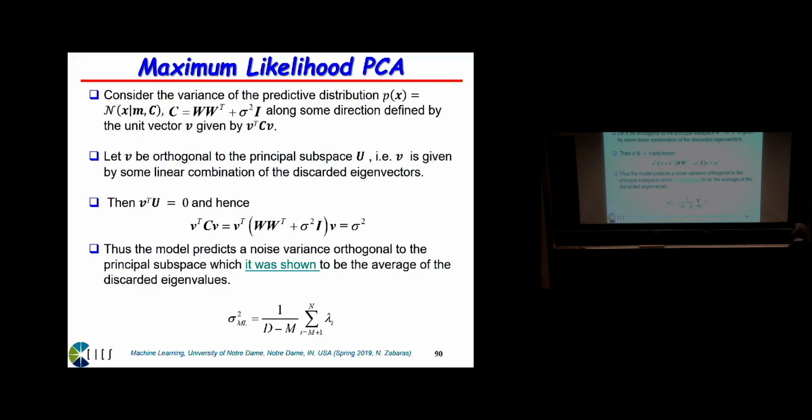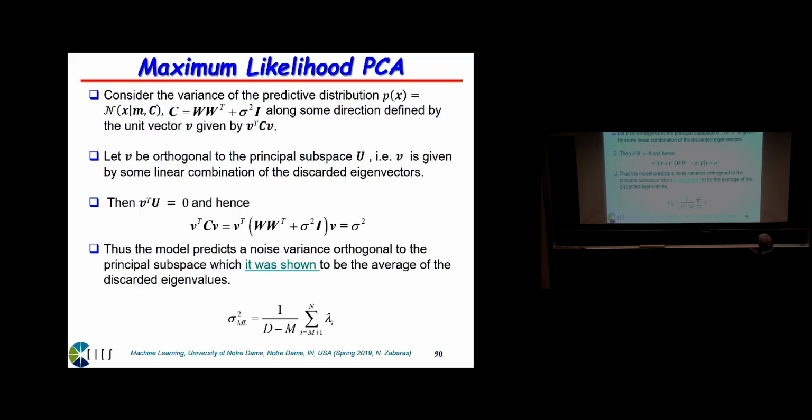What I want to do is compute the variance in directions that are in the principal subspace and orthogonal to the principal subspace, to see what results this model gives. First, I'm going to take a vector v that is orthogonal to the first M leading eigenvectors. If you calculate the variance in that direction, you have v transpose times C, which is W W transpose plus sigma squared I, times v.